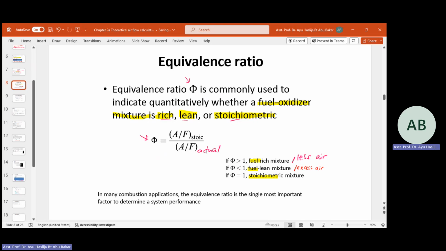So you have excess of air. If equivalence ratio equals 1, it is at stoic, just at minimum air. Notice the term: sometimes we use the term fuel rich, sometimes we use the term less air.